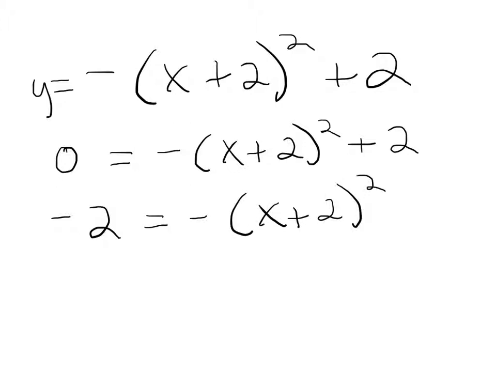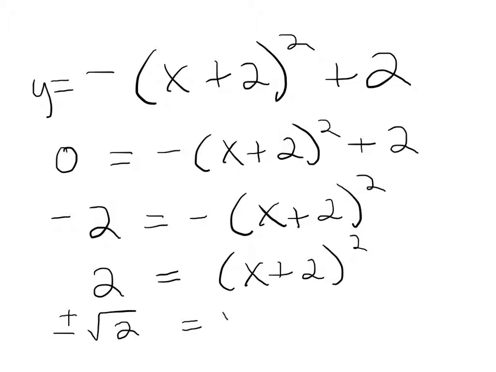I'm going to divide both sides by -1, so that makes this the positive. Take the square root of both sides. So now I've got positive or negative square root of 2 equals x plus 2. Subtract the 2 from both sides, and that's what gives me the -2 plus or minus the square root of 2. Now remember, those are intercepts, so it's -2 plus the square root of 2, comma 0, and -2 minus the square root of 2, comma 0.